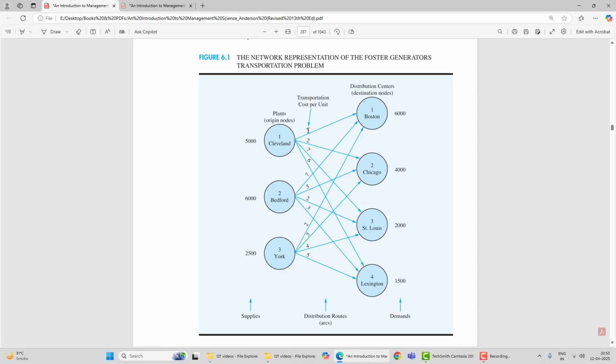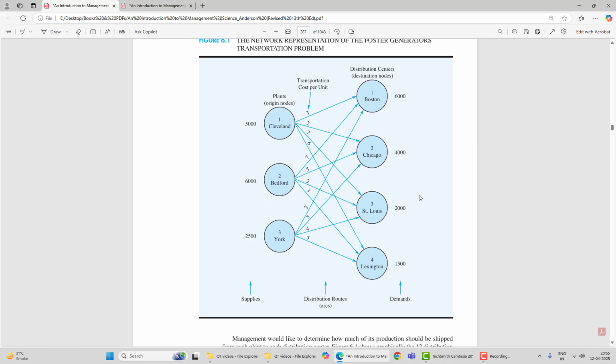From Cleveland to Boston, we can transport at a rate of $3 per unit. From Cleveland to Chicago, $2 per unit. From Cleveland to Lexington, it will be $6 per unit. So all the information is captured on this diagram also.